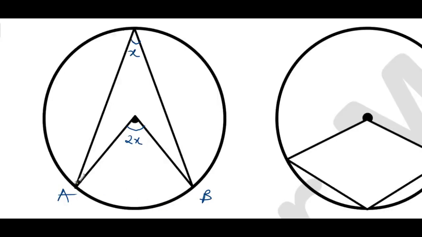So this chord AB is subtending a particular angle at the center, and this same chord is subtending another angle at the circumference. Can you see? So the theorem says the angle which this chord subtends at the center is 2 times the one it subtends at the circumference. So if the circumference is x, it means that the center will be 2x.